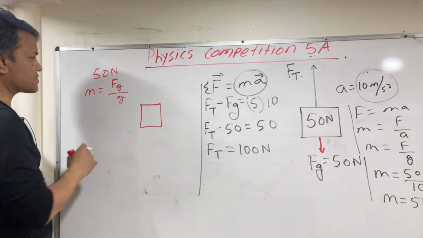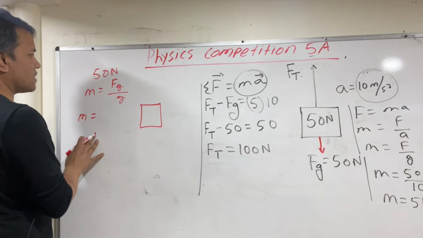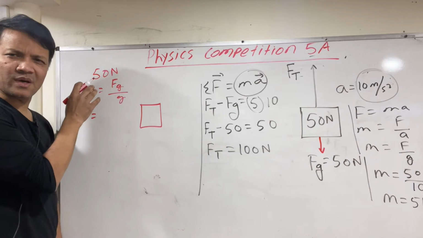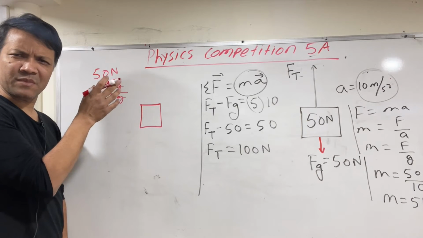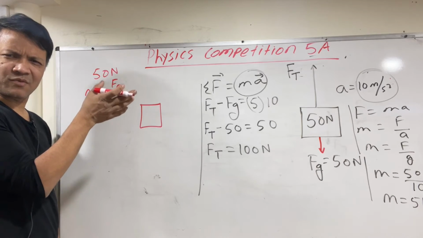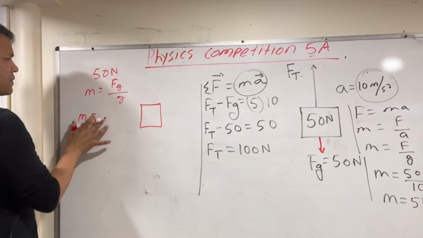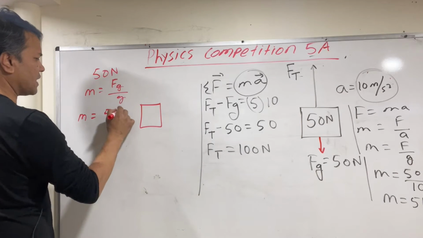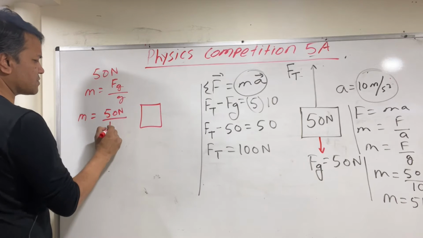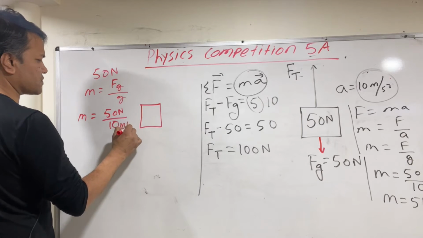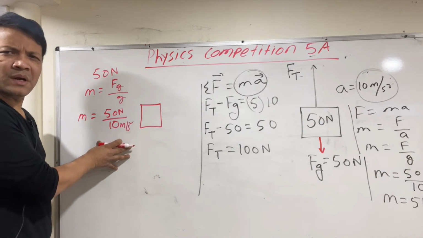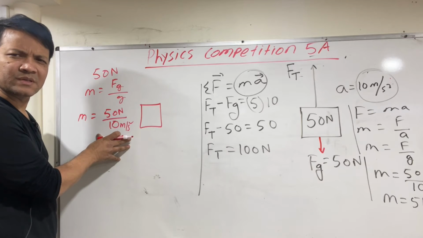Because gravity is the force acting on the mass. So the mass is 50 Newton, and on the Earth you divide by 10 meter per second squared. On the Moon you have to divide by 1.6, right?